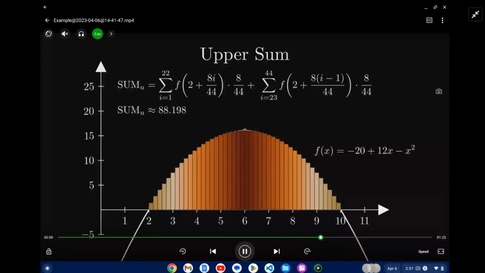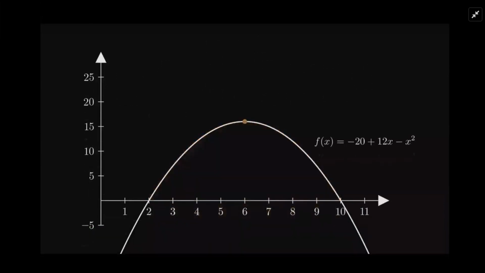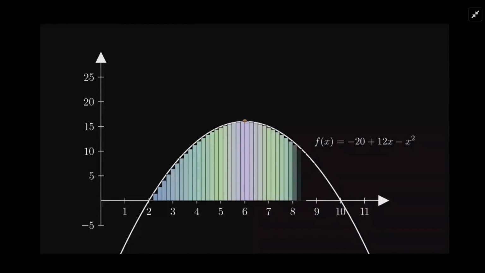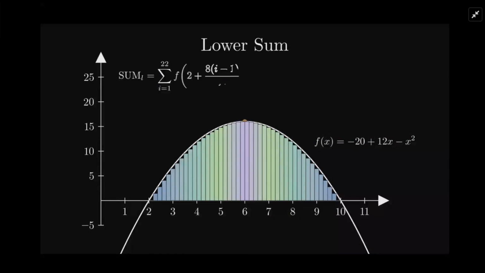Let's look at the lower sum now. Lower sum is everything is reversed now. We've got the left edge of the rectangles there. We switch over to the right edge. There, you see each rectangle is slightly below the function, therefore the underestimate. And let's look at the sigma notation again.